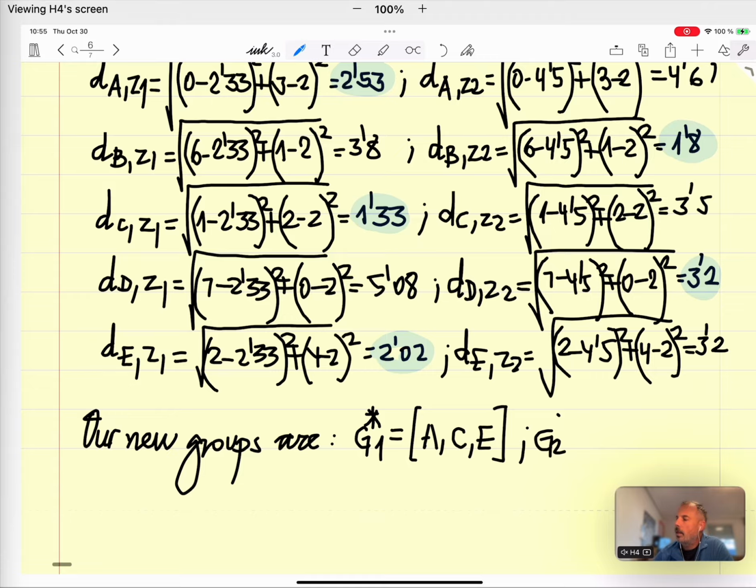And then the second group star is B and D, which is not what we saw in the beginning. So we need to start again.